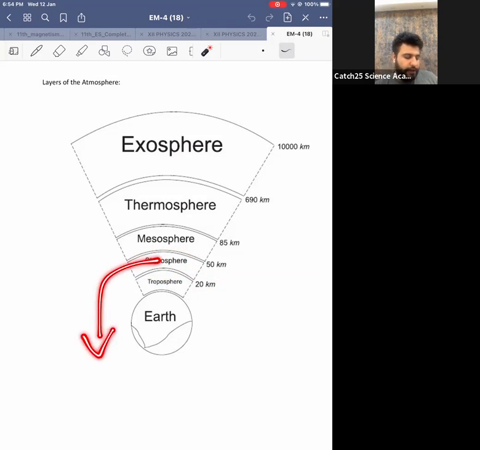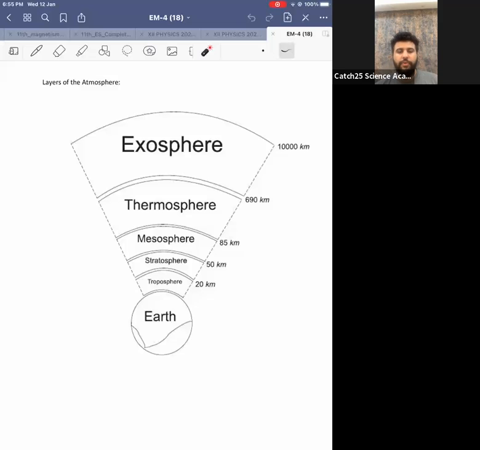Stratosphere contains ozone layer, which protects the Earth from the harmful UV radiations of the sun. So your second point for stratosphere, write down: stratosphere contains ozone layer.